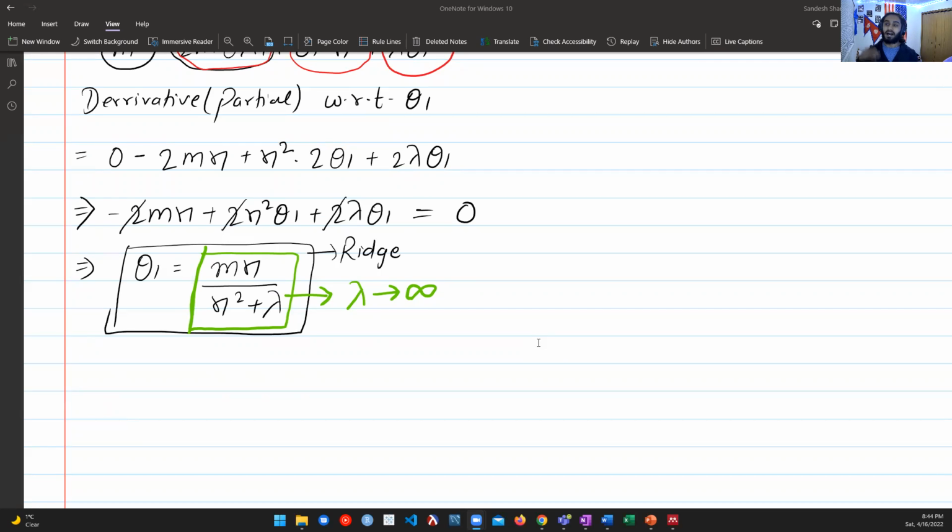We can get lambda to a higher value, but as lambda increases, your theta 1 will go closer and closer to 0, but it will never become 0 because lambda can never reach infinity. So that's the whole point here. Since we cannot make our lambda hyperparameter infinite, in ridge regression you cannot make your coefficients or weights equal to 0. Now let's look at the same thing for lasso regression.